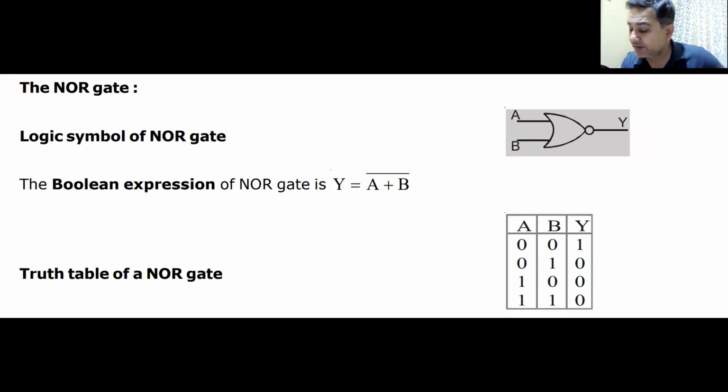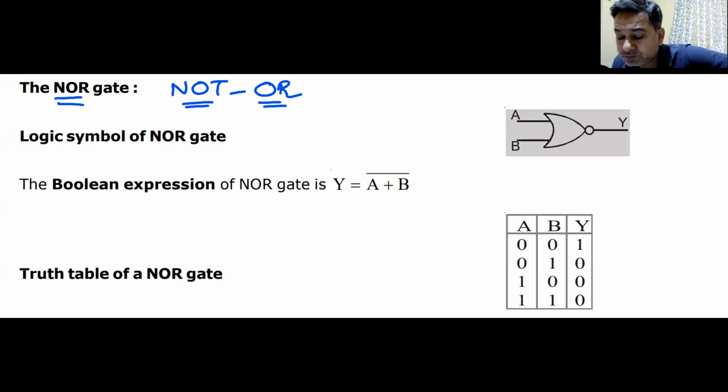Then the next thing is your NOR gate. And now you would understand what a NOR gate stands for. It's a combination of NOT gate and OR gate.